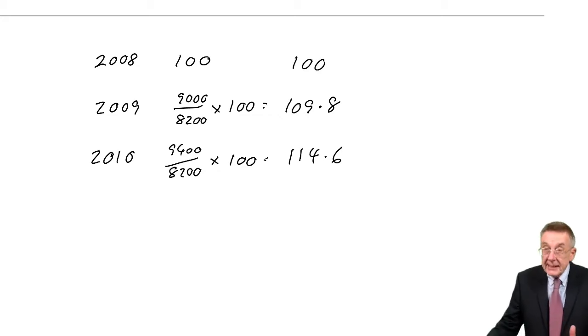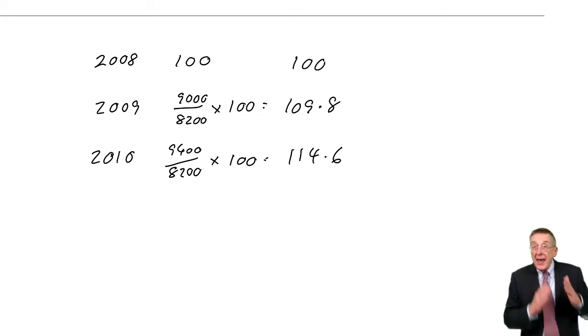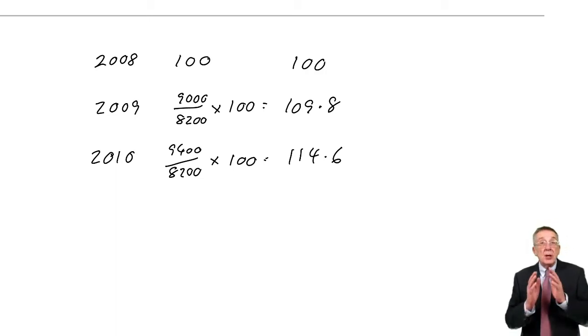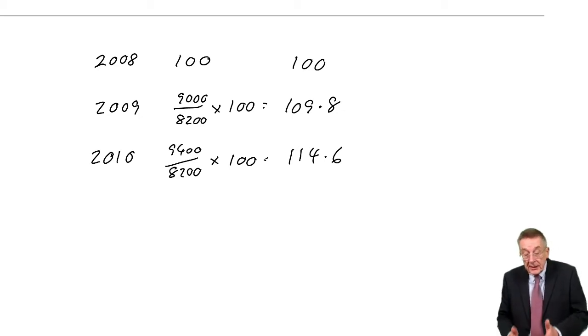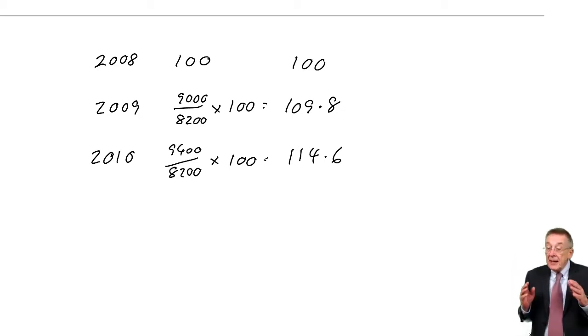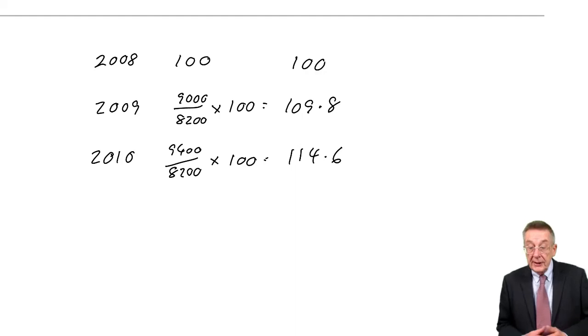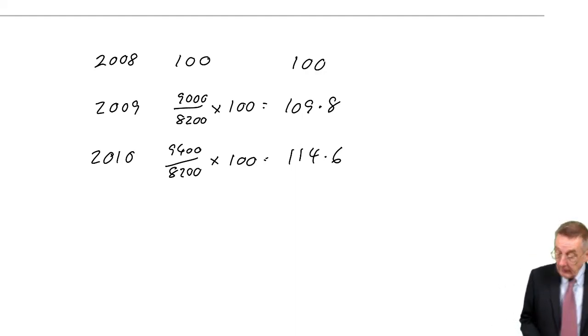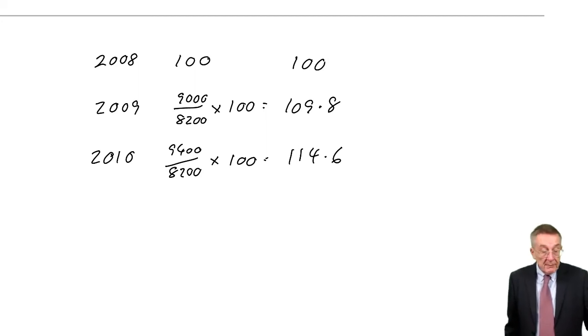So there are our index numbers. Again, the base year, we decide on the base, in the exam you're told, and it's always on 100. And here, the quantities each year are being restated based on that 100. So I hope that makes sense, and I hope it is easy enough.